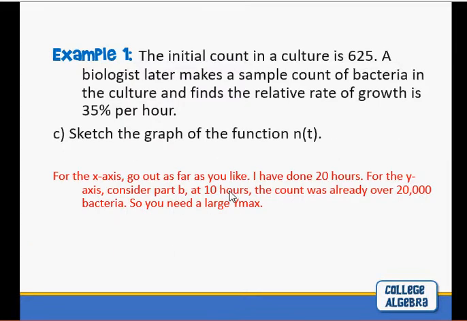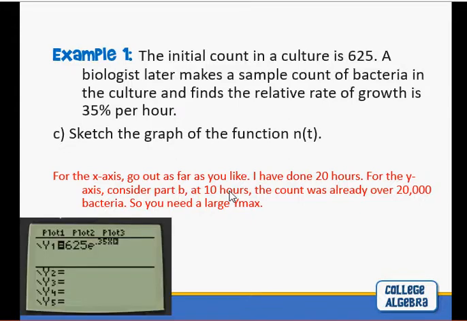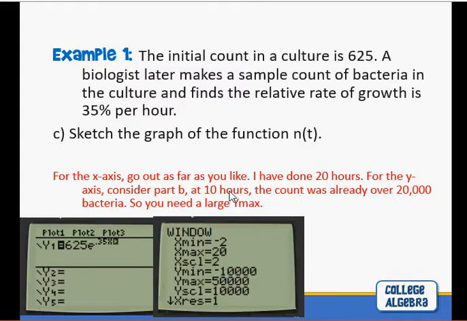And then the graph, well, you could just plug it into your calculator, but you're going to have to figure out a good window. You can read my note there, but I'll show you some screenshots of what I did. So I plotted 625 e to the 0.35x. You have to use x on the calculator instead of t. And so for my window, you can pick whatever you want for the x-axis. We're talking about hours, so I always want to go a little negative to see the axis.